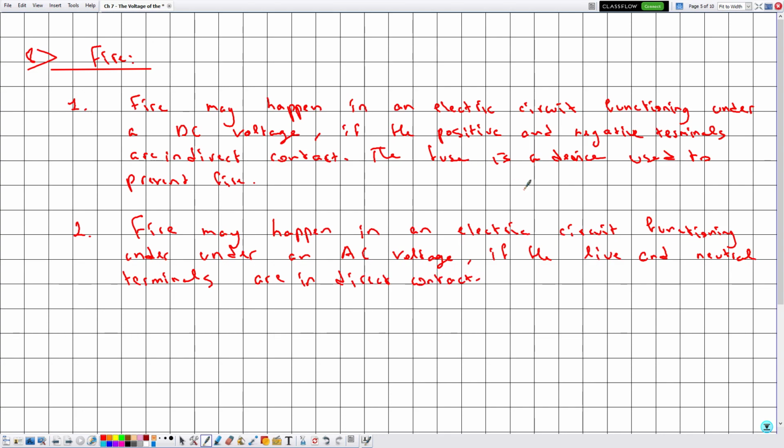So it is exactly similar to the case of DC voltage, but in this case it is not protected by a fuse, but rather the circuit breaker and the differential circuit breaker are devices used to prevent fire.